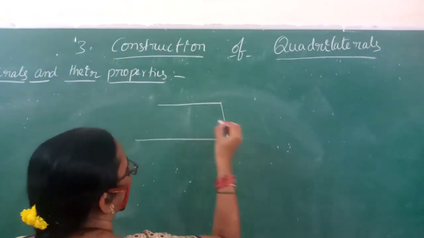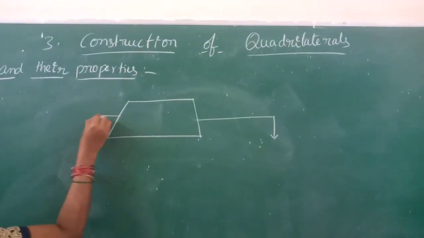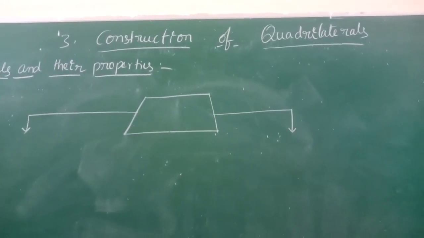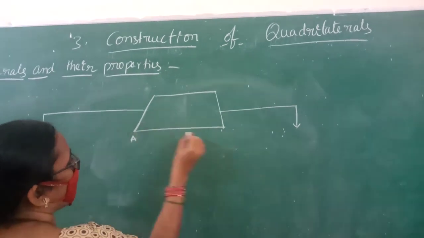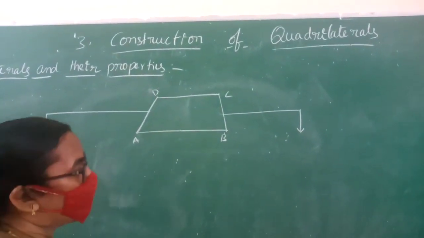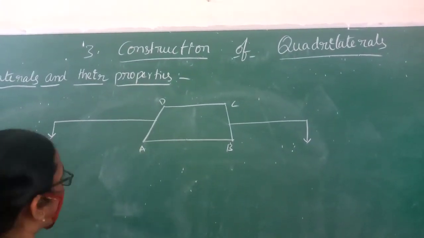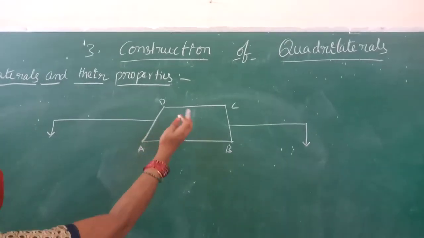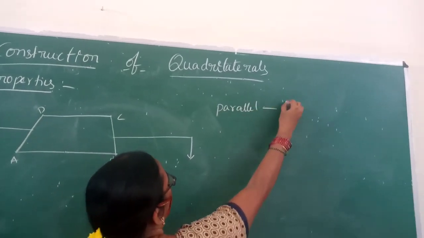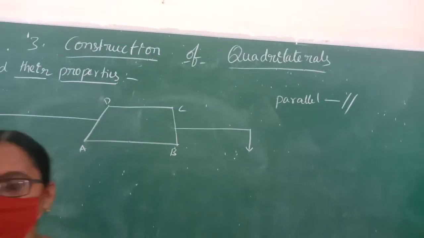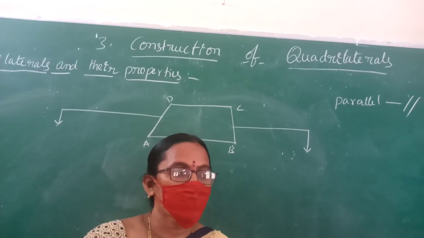Next, types. Children, quadrilateral. Okay, you are watching the blackboard or watching the video.